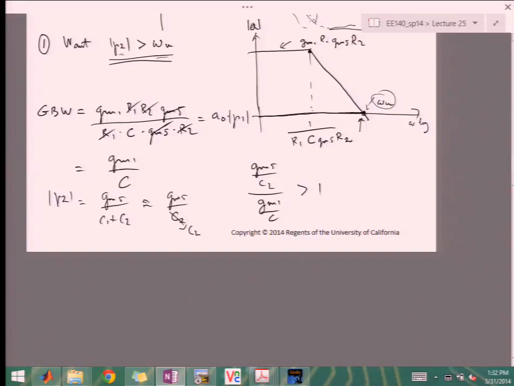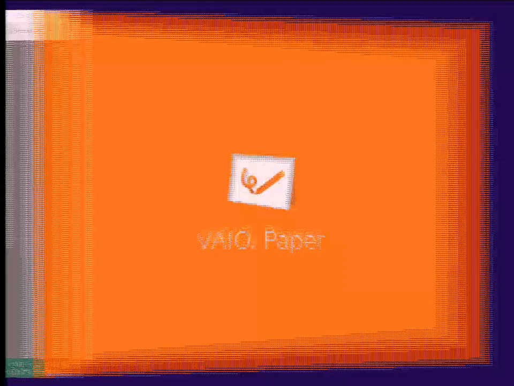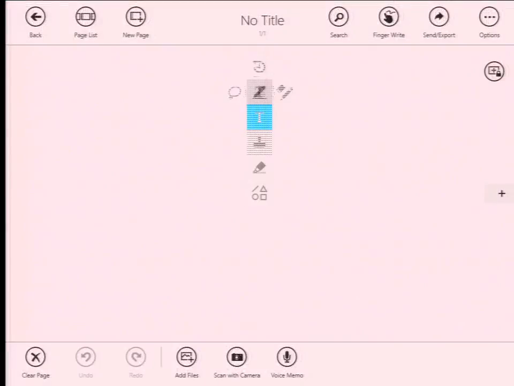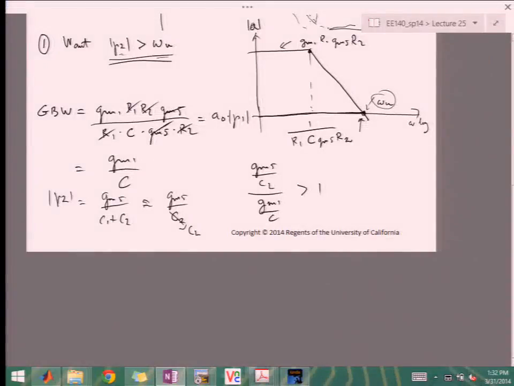So from here, this was our P2, this was our omega unity. And so you have that GM5 over GM1 times C over CL is greater than 1.